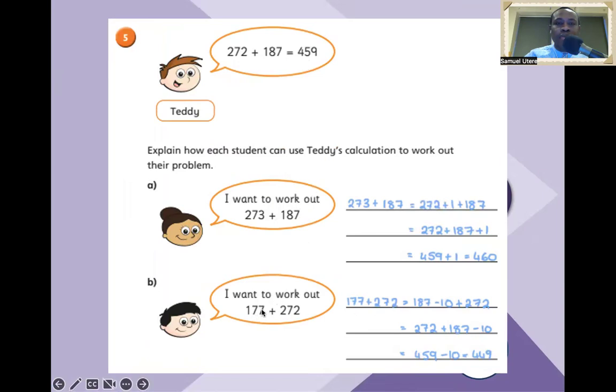And here you can see that 177 is 10 less than 187. But you're still adding 272, so your answer will be 10 less. And you can see the answer right there.